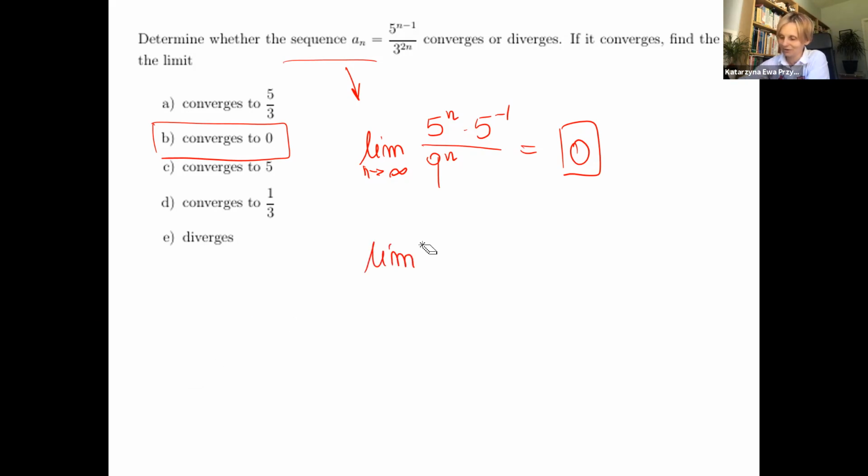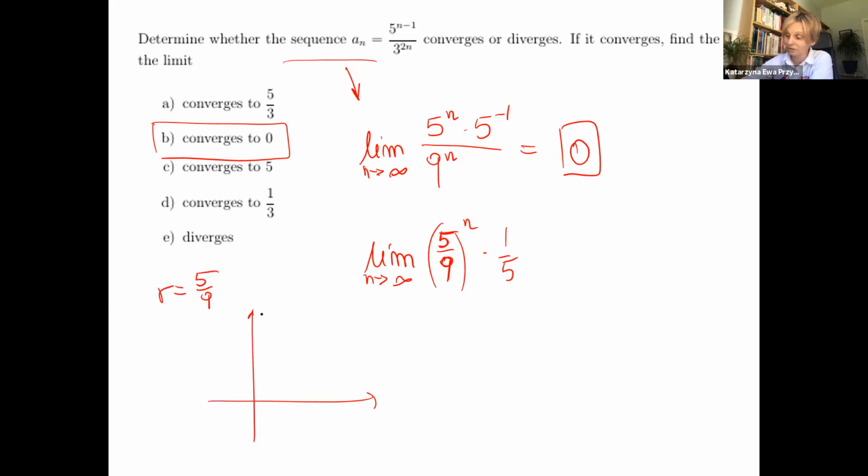Of course, we can combine this together: 5/9 to the power of n. This is like a geometric sequence with common ratio 5/9.